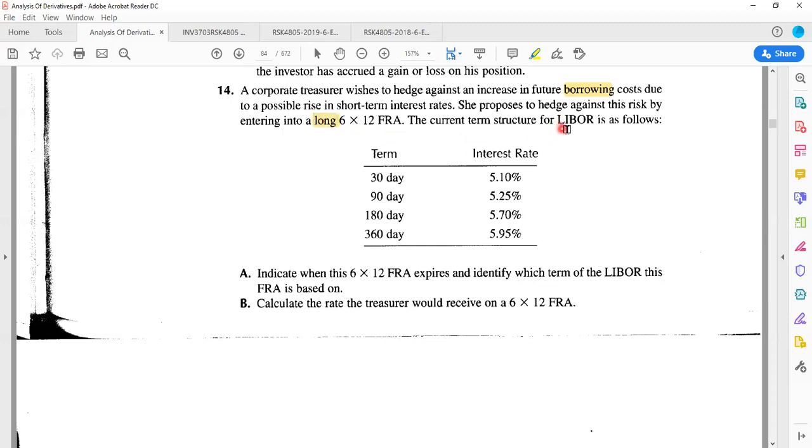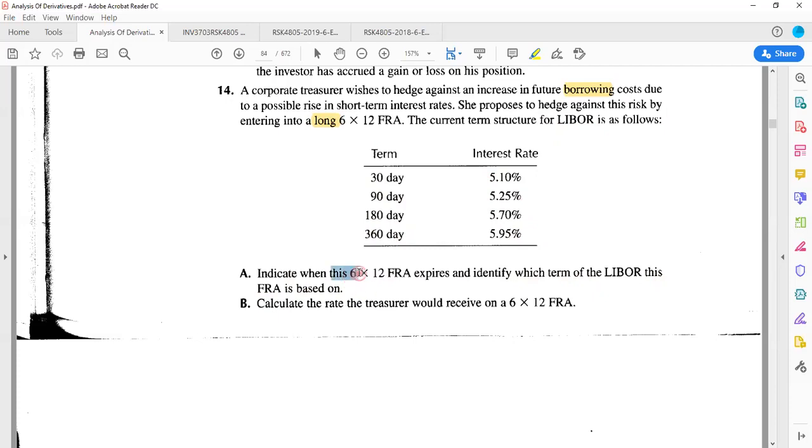The current term structure for LIBOR is as follows. To borrow money for 30 days, the London Interbank rate is 5.1%, 90 days 5.25%, 180 days 5.7%, 360 days 5.95%. Indicate when the 6x12 FRA expires and identify which term of the LIBOR this FRA is based on.